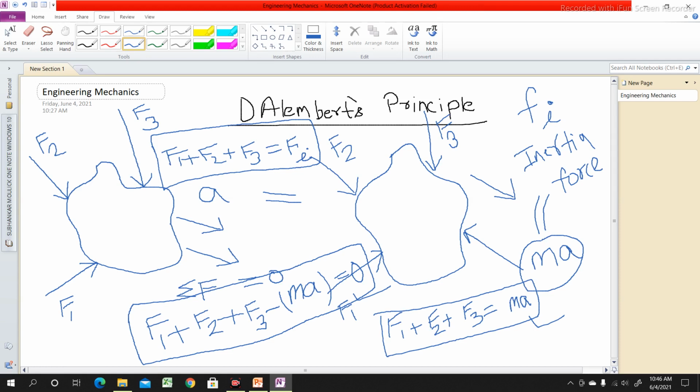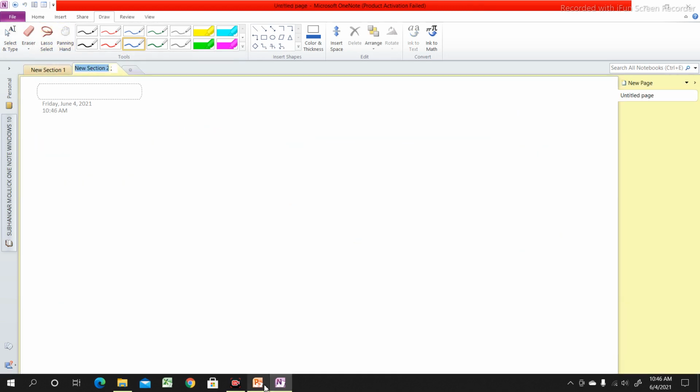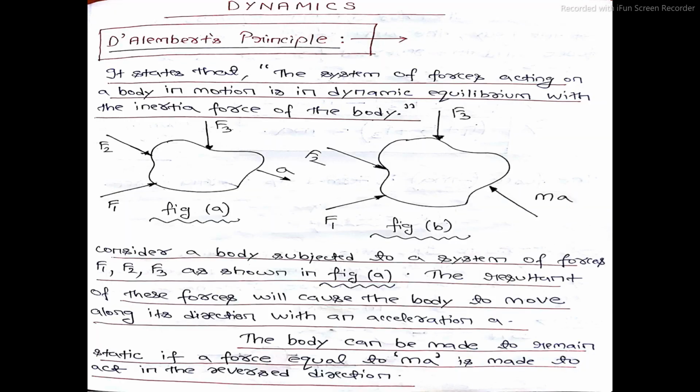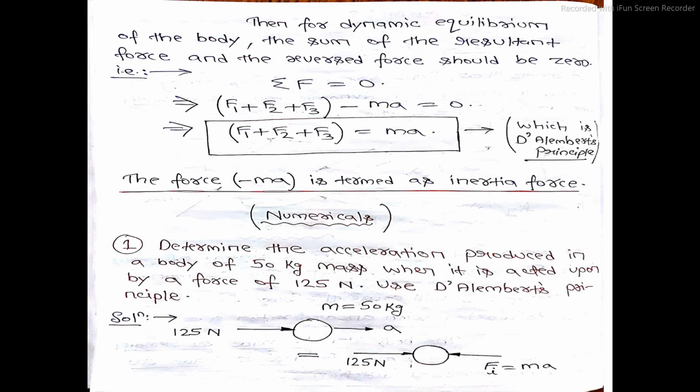So now let us solve a few problems related to D'Alembert's principle. Whatever I have discussed so far, all these things are there in the slides. You can read from these slides. Let us solve the first problem based on D'Alembert's principle.